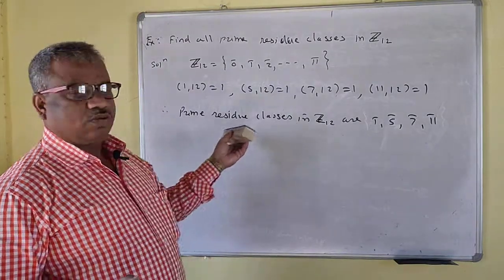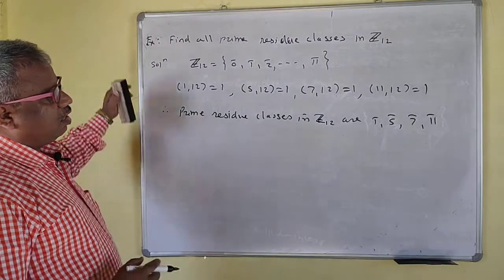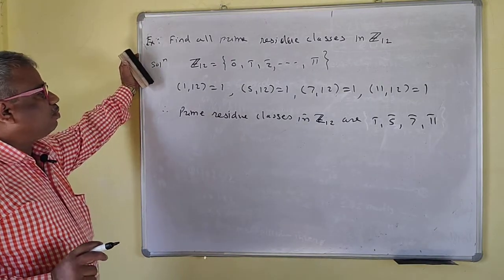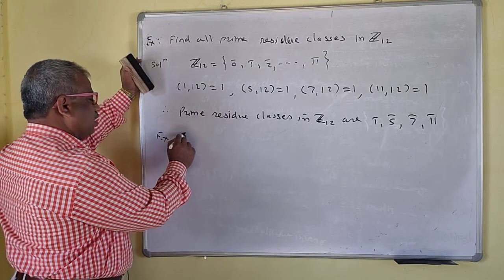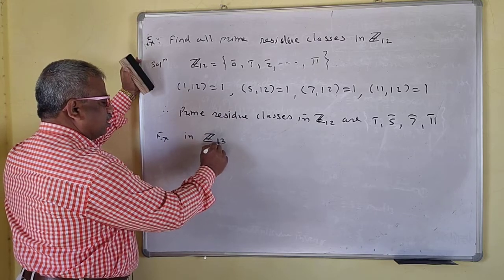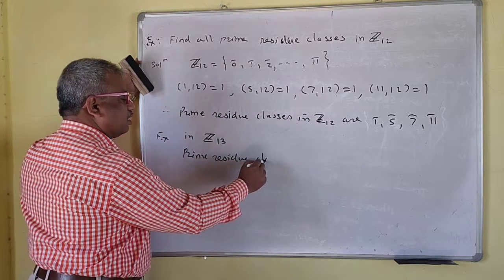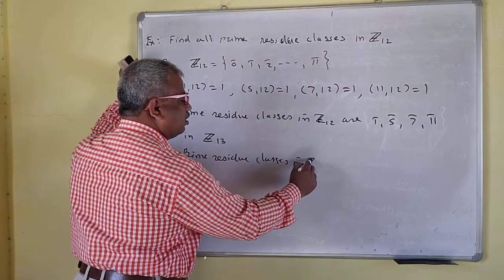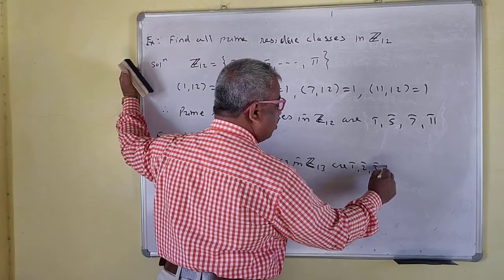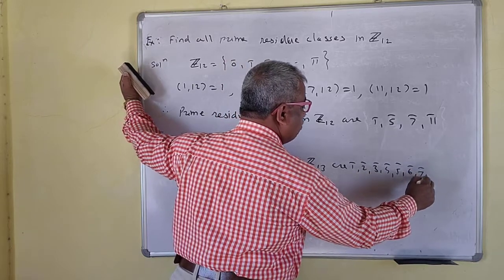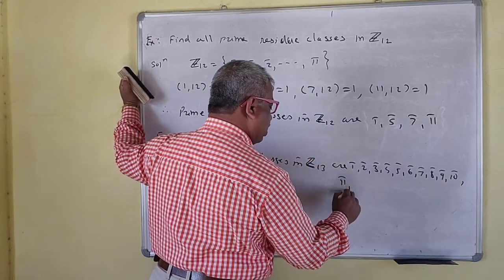So 1 to 12 are the prime residue classes in Z13: 1 bar, 2 bar, 3 bar, up to 12 bar.